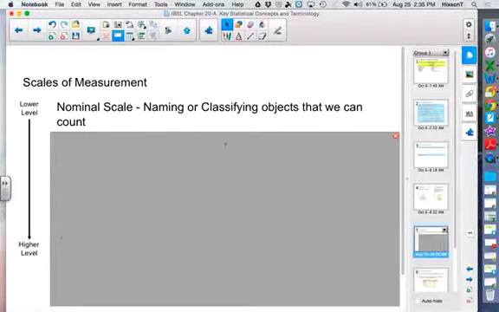Again, counting people with brown hair, counting red cars. Anything that we can count, we're just putting into a classification. How many people are IB diploma candidates? How many people are taking AP Human Geography? We're putting them into classifications. That's the nominal scale.